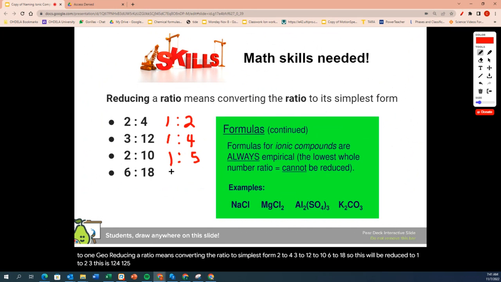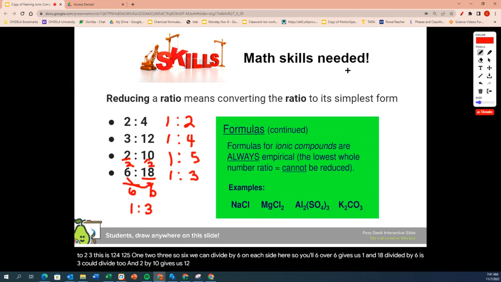This is 1-to-3. So 6, we can divide by 6 on each side here. So 6 over 6 gives us 1, and 18 divided by 6 is 3. You can divide 2 by 2, and 2 by 10 gives us 1-to-5.